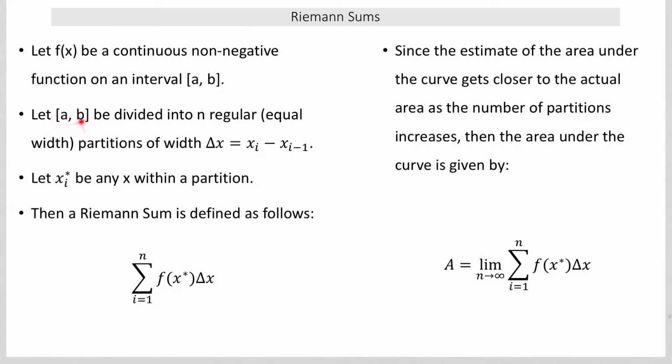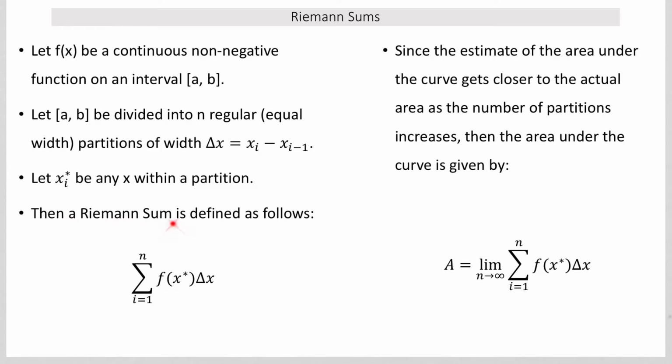Let the interval AB be divided into n regular equal width partitions of width delta x, where delta x is equal to the x value at one side of the rectangle minus the x value at the other side of the rectangle. Let x_i star be any x value within a partition.